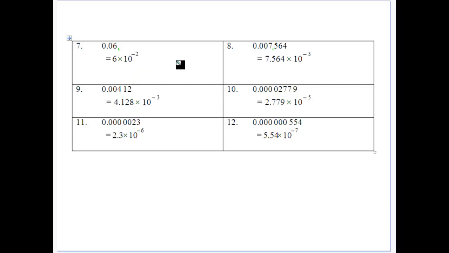Notice that the negative index indicates a fraction. For 4.12, again we've moved 3 decimal places. And you can see the other ones there, how we move to get our number between 1 and 10, and then move our decimal places accordingly.